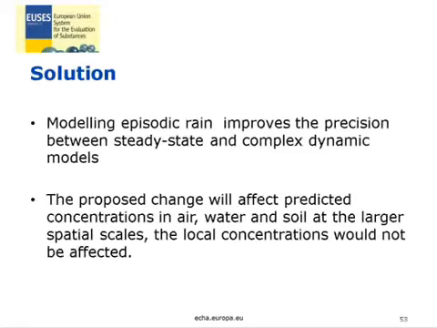Well, it has been shown that modeling episodic rain improves the precision between steady state and complex dynamic models. The proposed change will affect predicted concentrations in air, of course, water and soil at the largest spatial scales. The local concentrations would not be affected, because these are calculated differently.